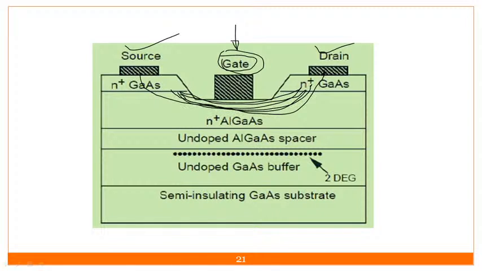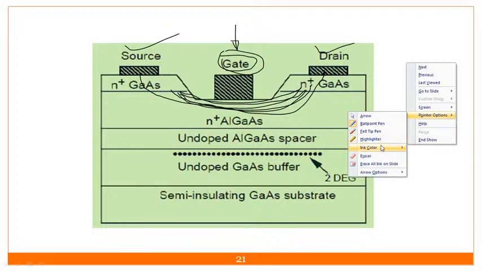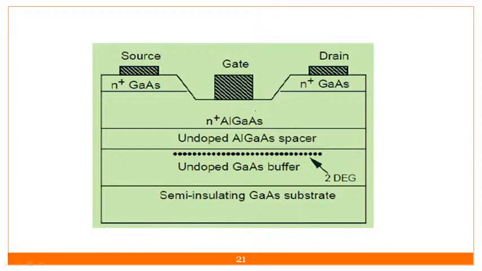If you observe these two things, here you will find N plus GaAs, gallium arsenide with high doping, and here we are using aluminum gallium arsenide. So this junction is different and that junction is different.